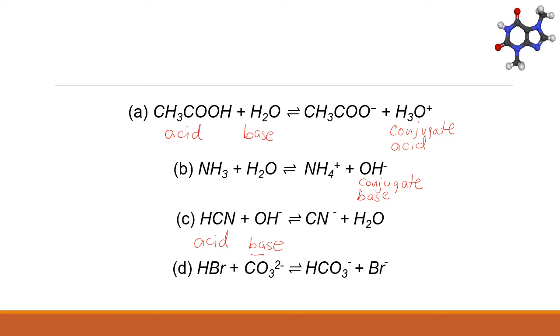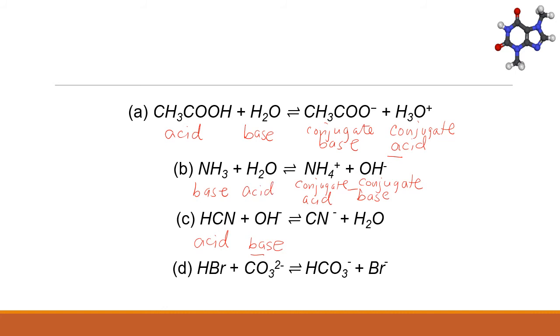If this is the conjugate acid, then this one must be the conjugate base. And the same for reaction B. If this is the conjugate base, then this must be the conjugate acid. We know that ammonia is a base, so in this case, water is acting as an acid.